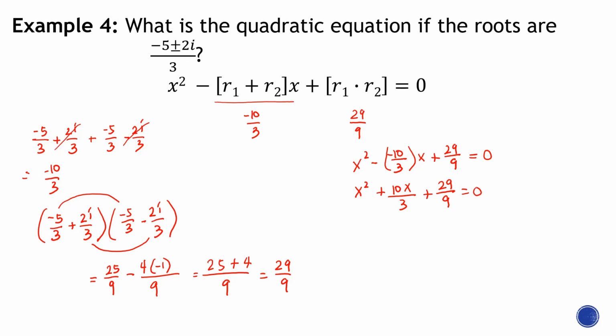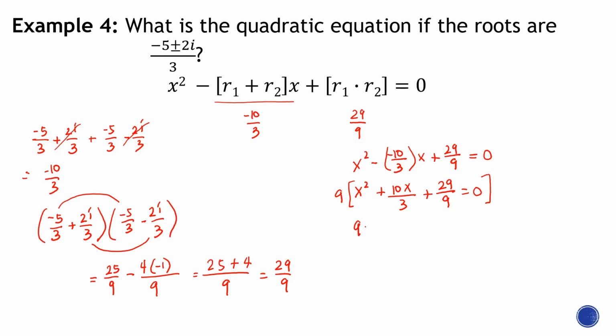And of course, we don't like fractions. Let's make this simpler by multiplying each term by the greatest common factor of 3 and 9, which is 9. So let's multiply each term by 9.